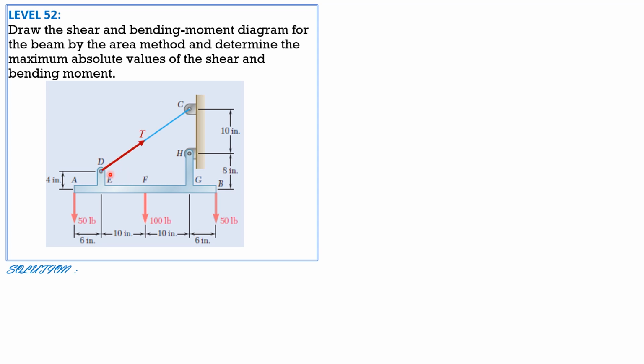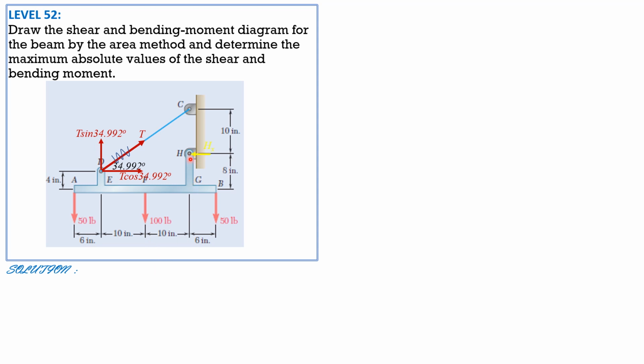So the angle is arctan of 14 only, not 18. 18 minus 4 is 14 vertical, then 20 horizontal. Arctan of 14 over 20 is 34.992 degrees. So therefore this is T cosine 34.992, the horizontal component, and the vertical component is T sine 34.992 degrees.